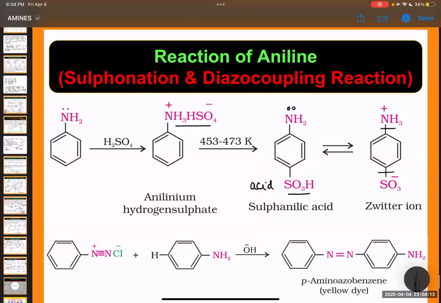So you have this kind of dipolar ion with opposite charges, and this is known as a zwitterion. So this is a very famous question, why a zwitterion is formed. I hope this is clear to you. Got it? Clear? Yes, sir.